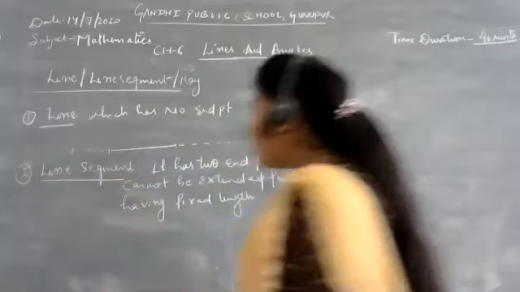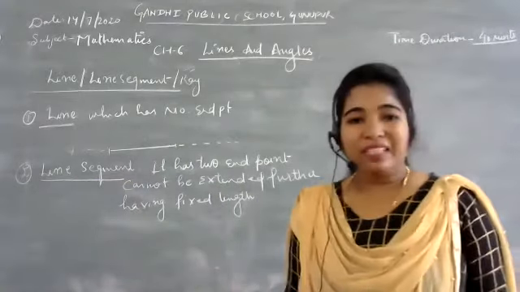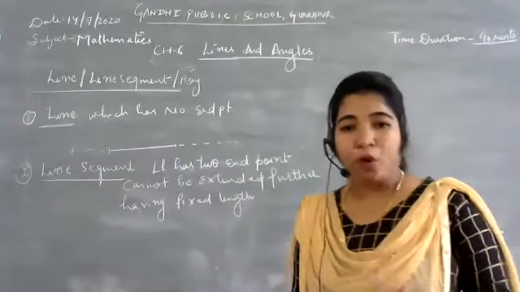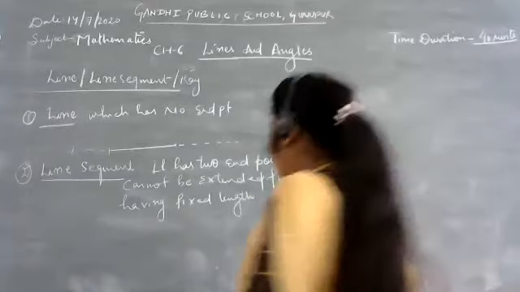A line can be extended in both directions, but a line segment has two endpoints and cannot be extended further, so it has a fixed length.